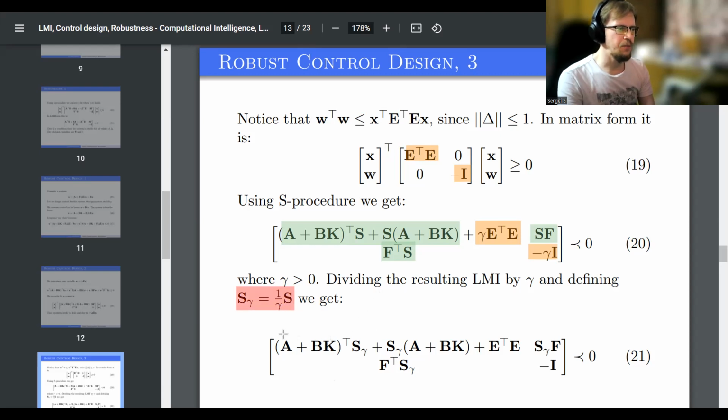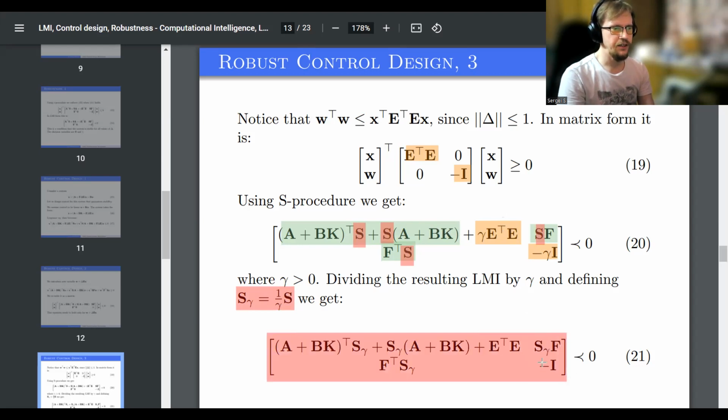In terms of C gamma, every C becomes a C gamma, and we don't have any standalone C. So the equations then become like this: identity here, E here, no gammas. Dividing by gamma is another popular trick that we use.